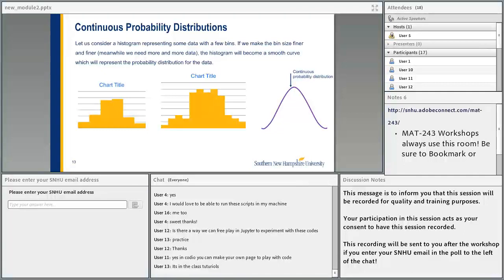By bin size, I mean the width of every bar. In the next one, the bin size is small, so I have more data. Let's say you're measuring the temperature throughout the day. In the first graph, the bin size is quite large, so I have fewer data there.